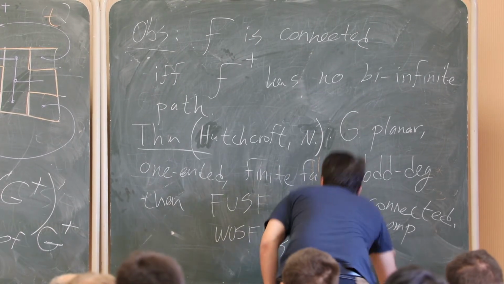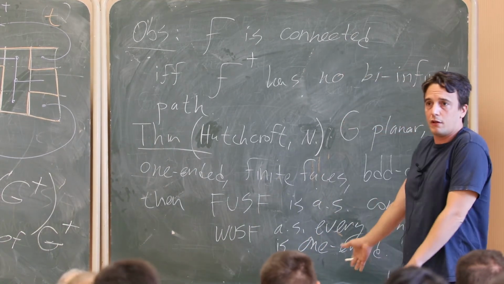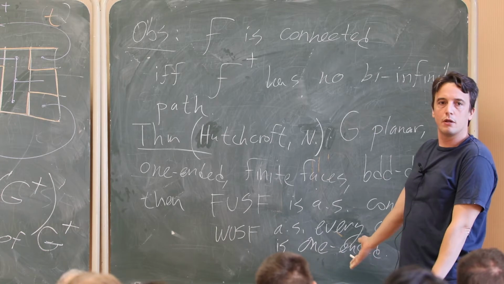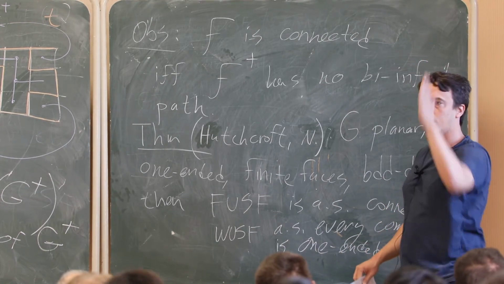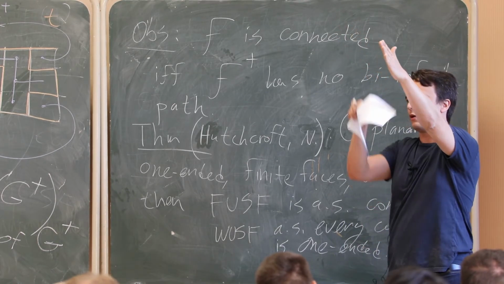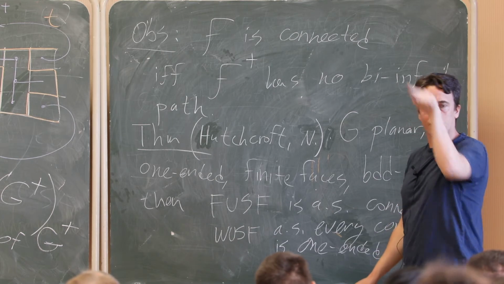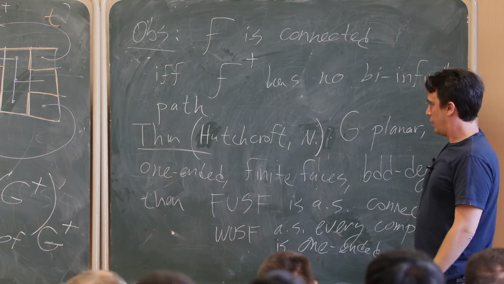There's only one way to escape to infinity. In particular, every component has to be a recurrent graph. A tree that has just one end going to infinity has to be recurrent, because everything on it is a finite bush, so the random walk can be projected on this infinite path.